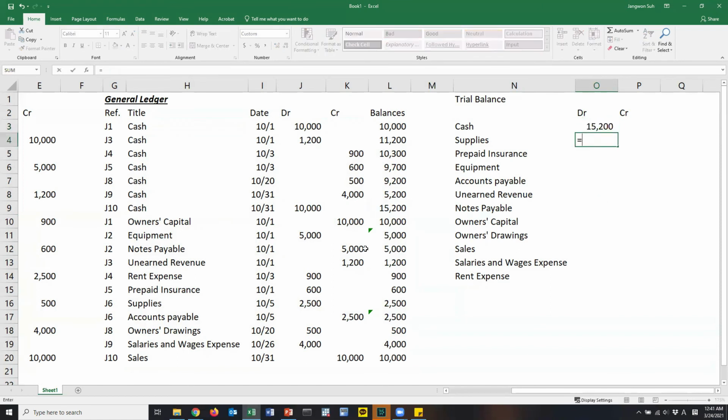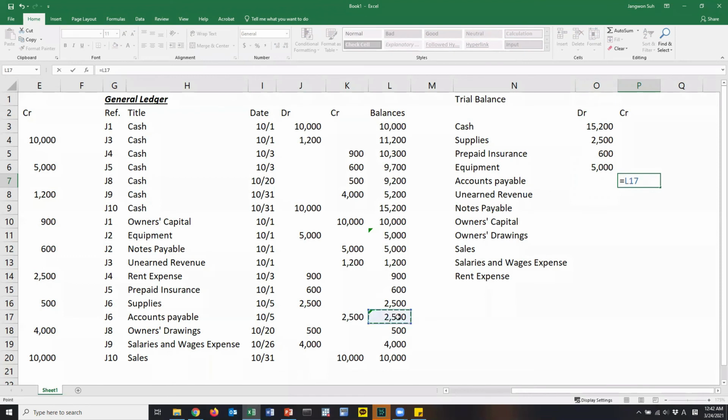Cash and supplies and prepaid insurance and equipment, accounts payable and unearned revenue. Accounts payable is a liability item, so that should be credited.